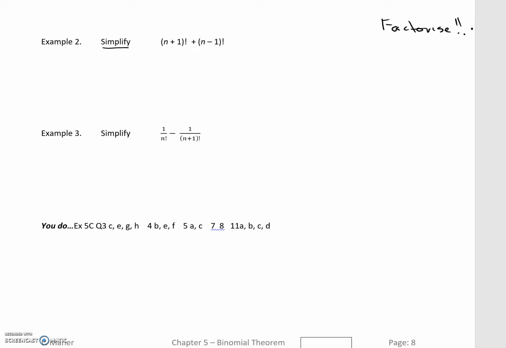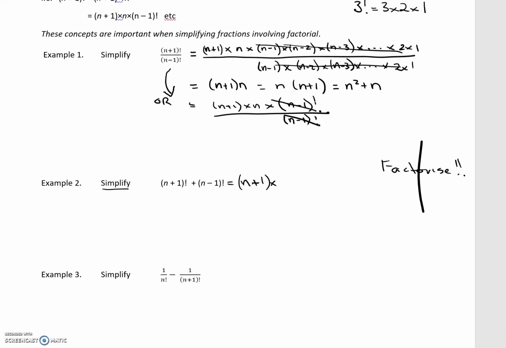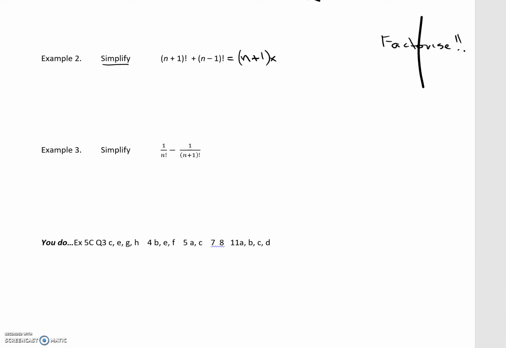It simply requires taking out a common factor, so we would write n plus 1 factorial is n plus 1 times n times n, and I'm going to stop, and it's probably pretty obvious why, at n minus 1 factorial plus n minus 1 factorial.